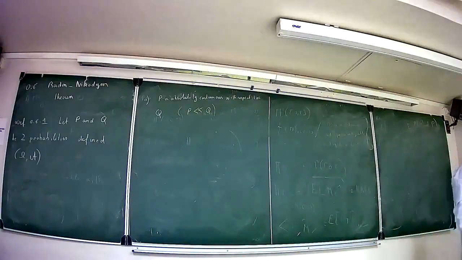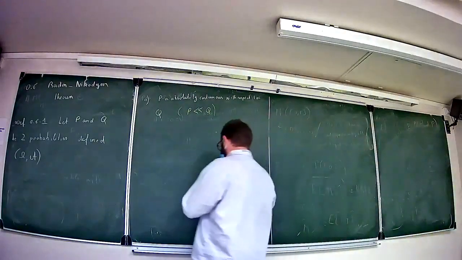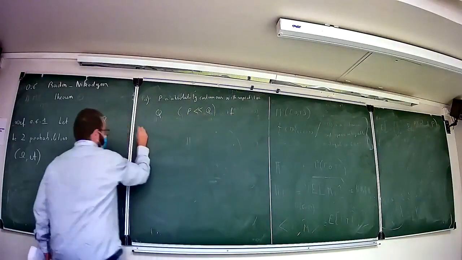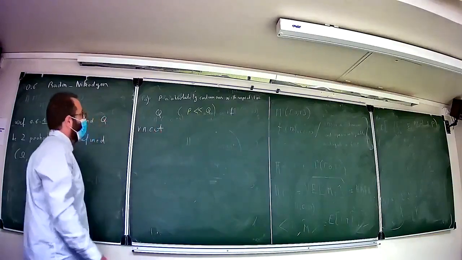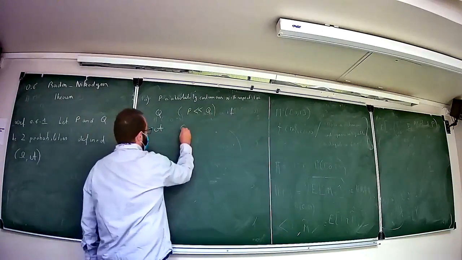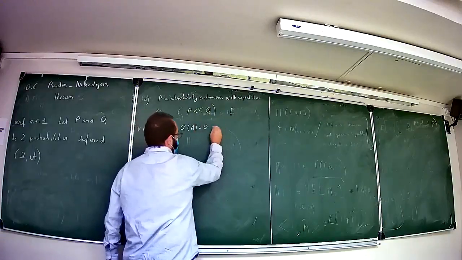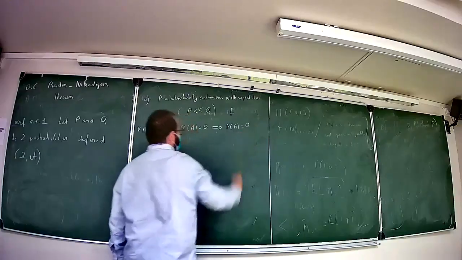Then P is absolutely continuous with respect to Q if for all A belonging to calligraphic A, Q of A equal to 0 implies P of A equal to 0.